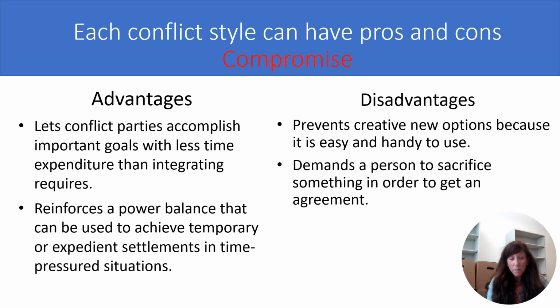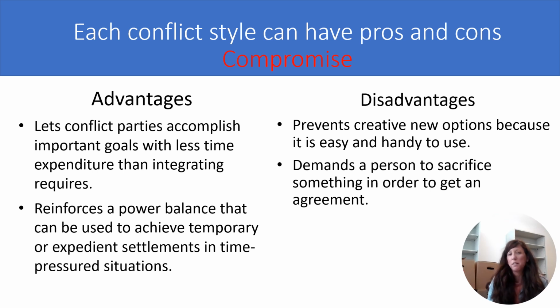So compromise can be really great because it can be very quick. It can be very efficient. If time is limited and a decision needs to be made in a hurry, then perhaps compromise is a really good choice. However, as I said earlier, I don't know that it's always the best choice. It's not always as effective as we sometimes give it credit for being.